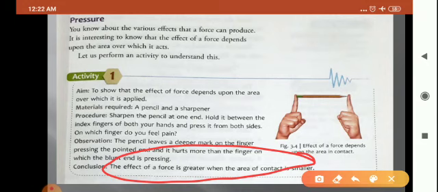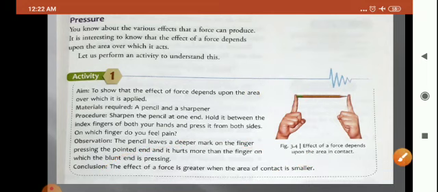Now children, tell me, at which side do you feel the area of contact of this pencil with your index finger is more? Of course on this blunt side. Here the pencil is in more contact with your finger. See, this edge is a blunt edge.